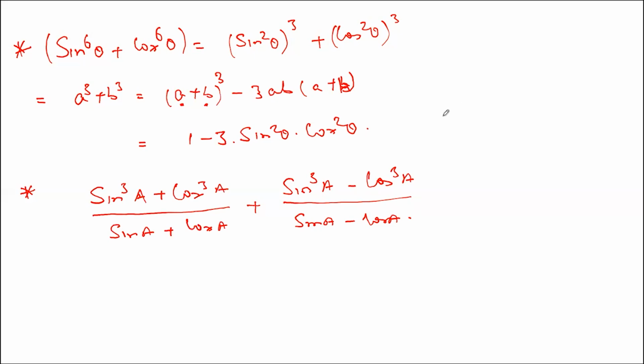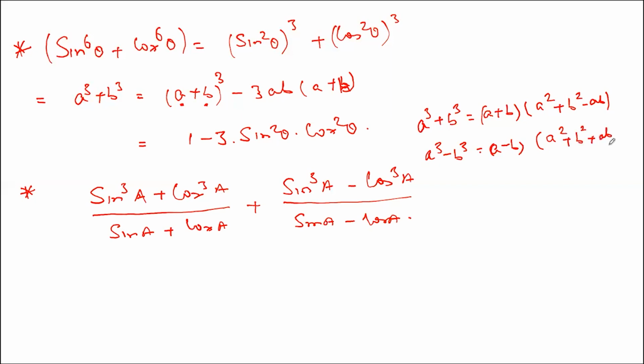Now, in this question, we'll apply the factor formula: A cube plus B cube is A plus B into A square plus B square minus AB. But for A cube minus B cube, it will be A minus B into A square plus B square plus AB.